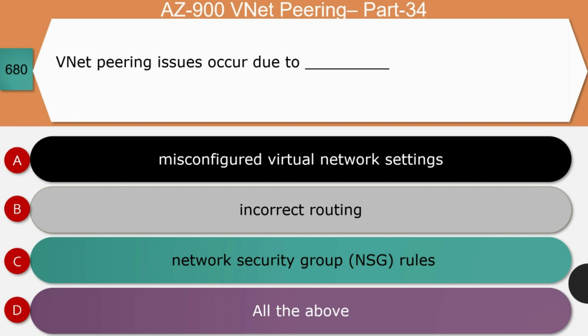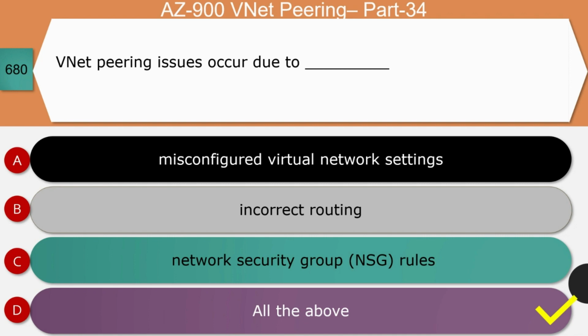Next question, VNet pairing issues occur due to dash. Is it misconfigured virtual network settings, incorrect routing, network security group rules, or all the above? The right answer for this question is all the above. Let's see the reason. VNet pairing issues can occur for a variety of reasons, which include misconfigured virtual network settings, incorrect routing, or network security group rules that are blocking the traffic.